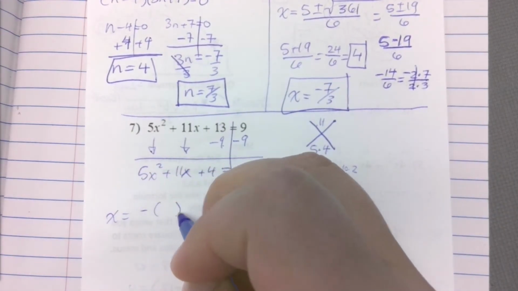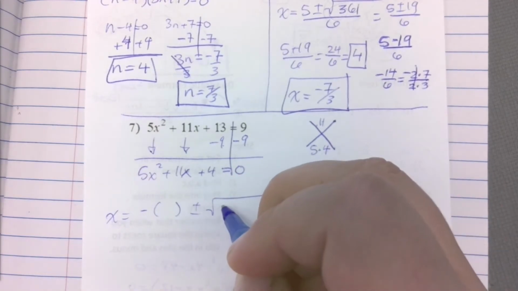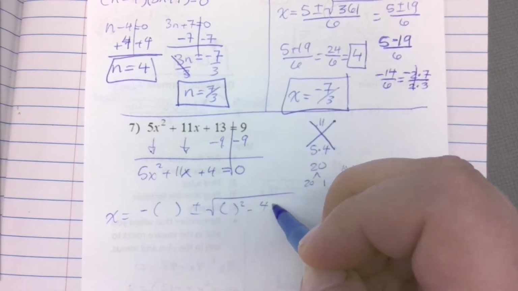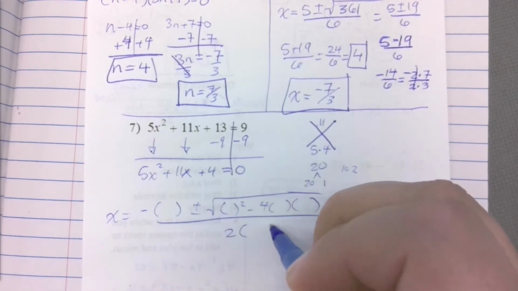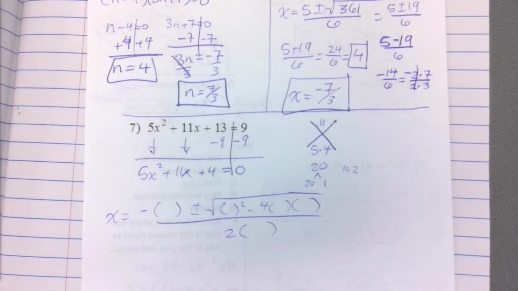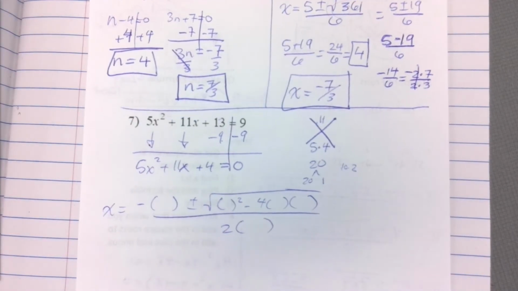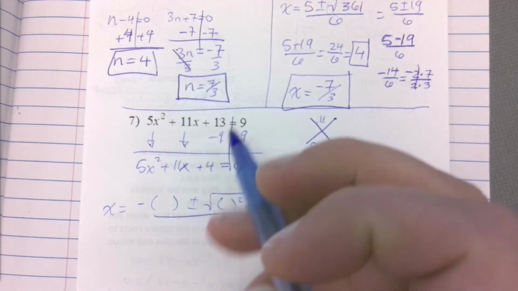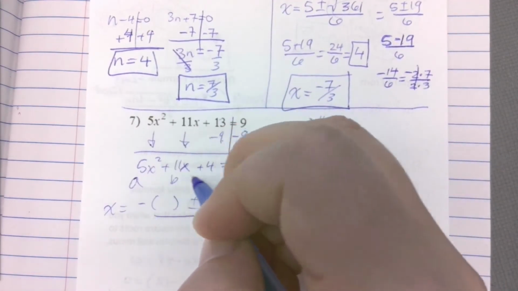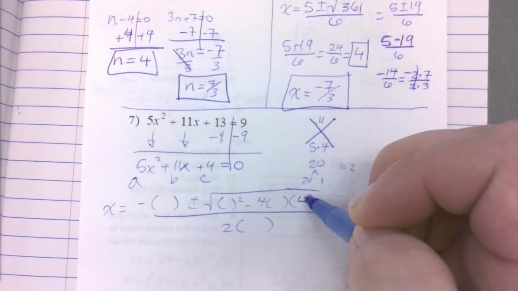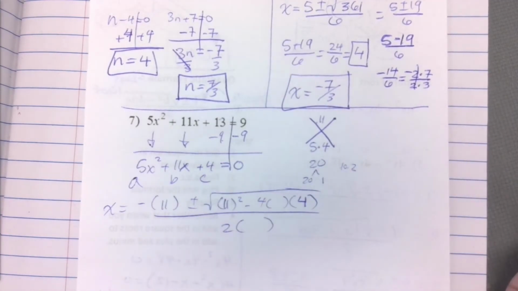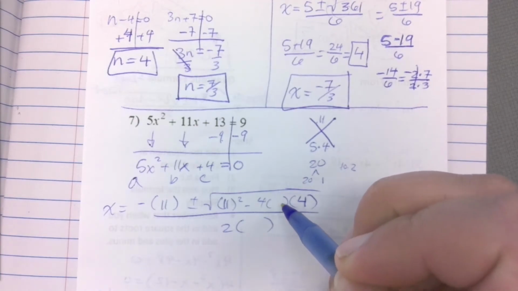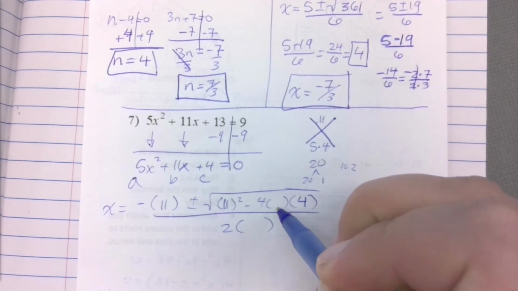So, again, opposite of b plus or minus square root b squared minus 4ac all over 2a. What's my b? Number. 4 is your c. A, B, C. It's 11. What's your a? 5.